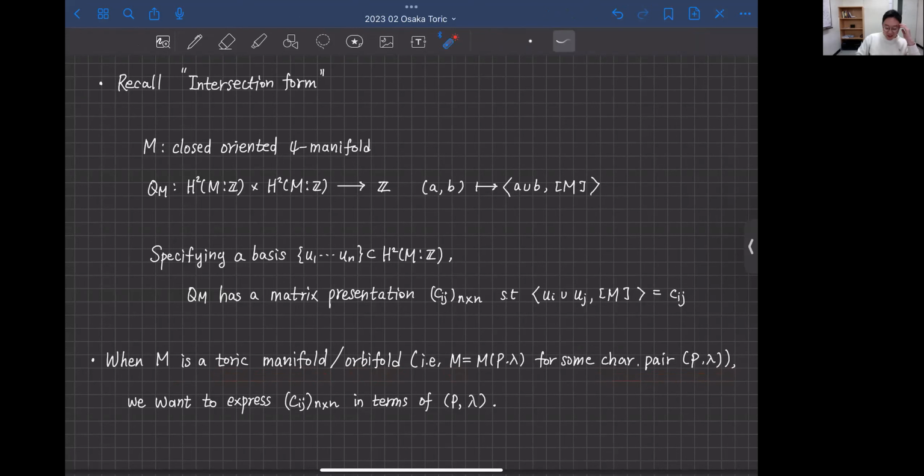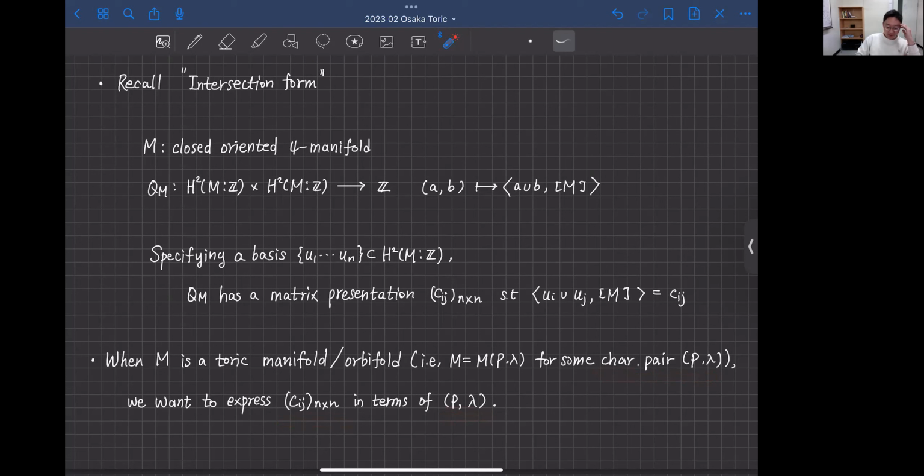Whatever the definition is, a toric manifold or orbifold is a topological space defined out of combinatorial data, the so-called characteristic pair. I want to express this square matrix, the matrix presentation of the intersection form, in terms of this combinatorial data.